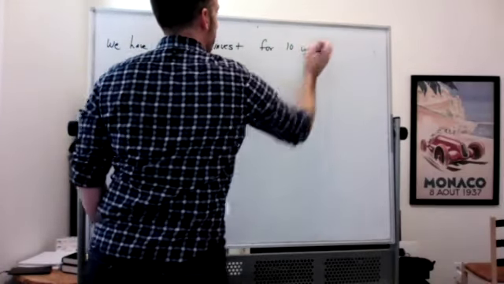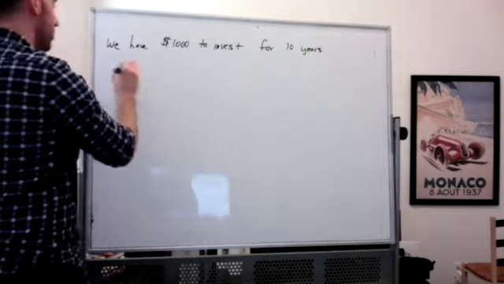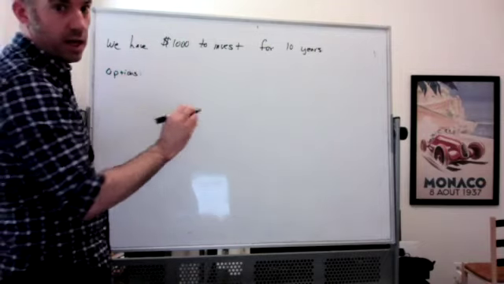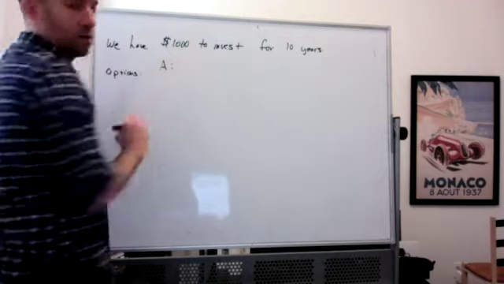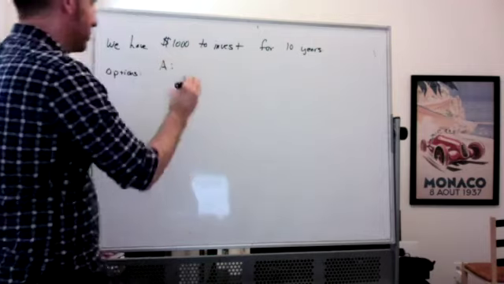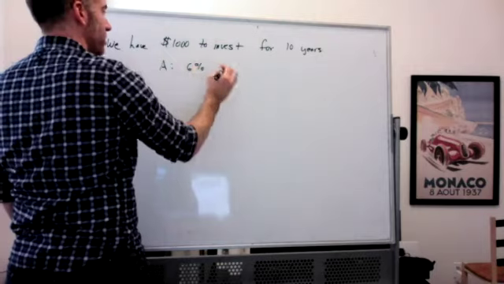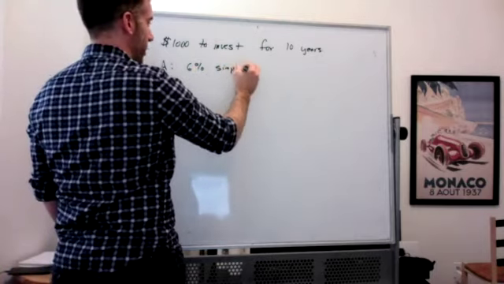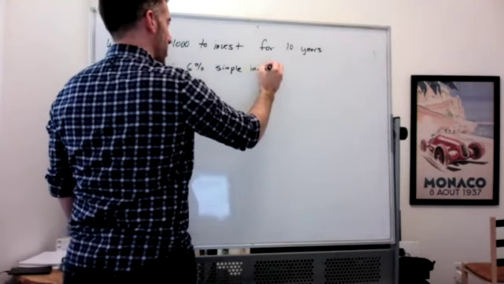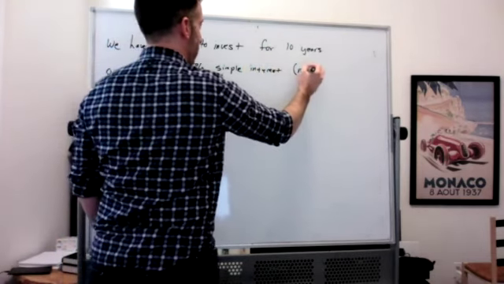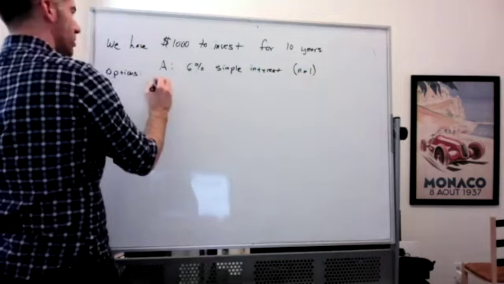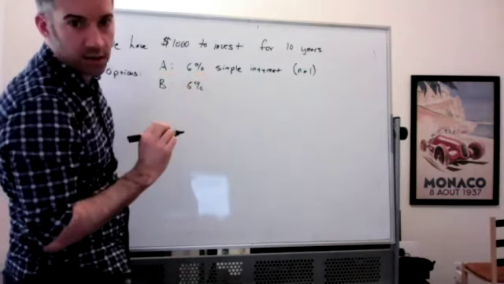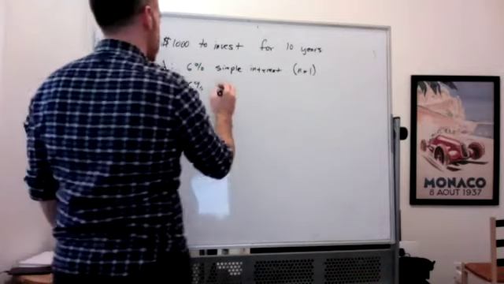And our options are either option A, an account with 6% simple interest, I should say, meaning it's only compounded annually. So we know with simple interest it's n equals 1. Or option B, 6% interest compounded monthly.